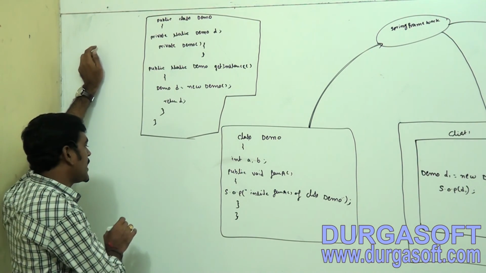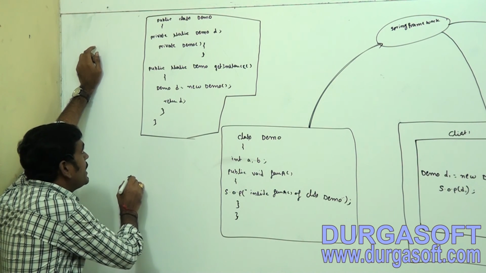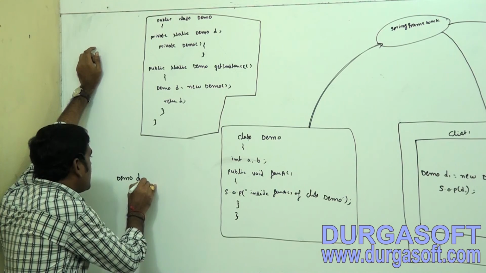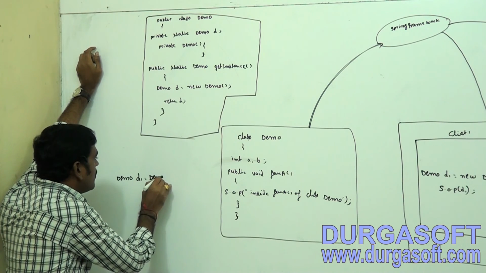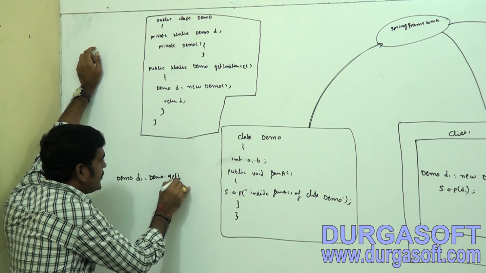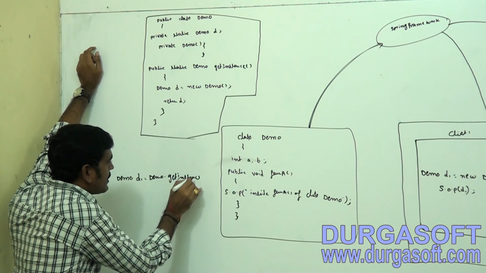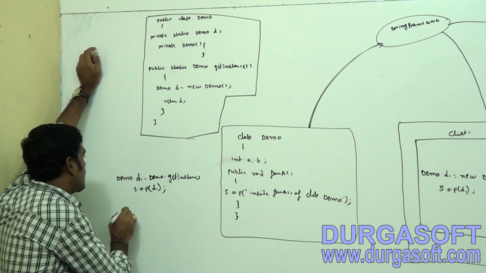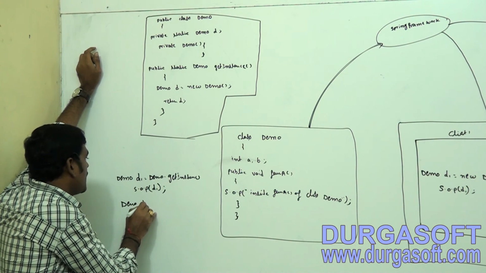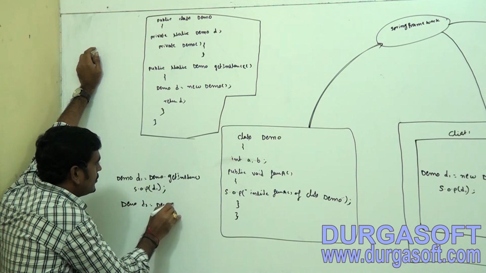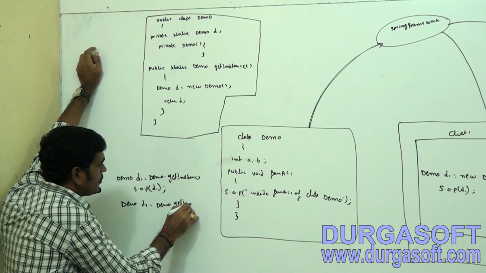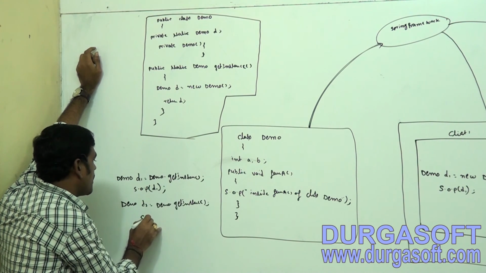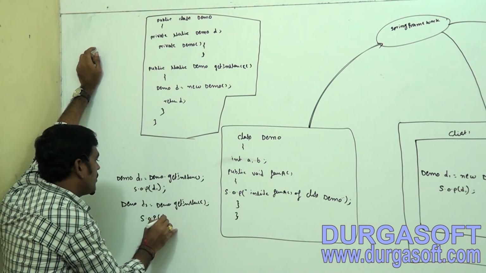For example, in our client we can call it like this: Demo d1 is equal to Demo dot getInstance, then System dot out dot println d1, then Demo d2 is equal to Demo dot getInstance, and System dot out dot println d2.